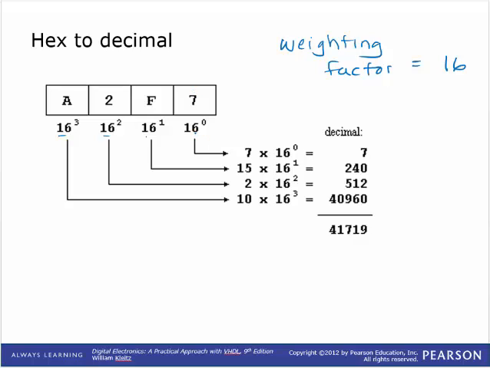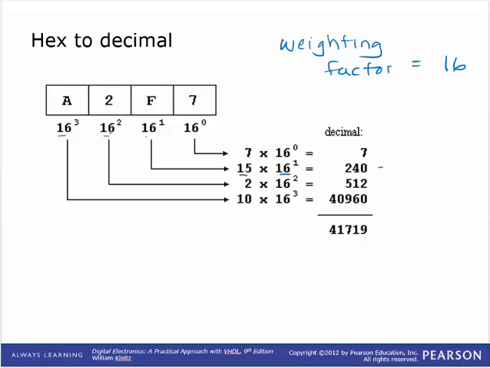So 7 times 16 to the 0 is 7 times 1, which is 7. F is 15 in decimal, so that's 15 times 16 to the first power for this position, and that turns out to be 240.